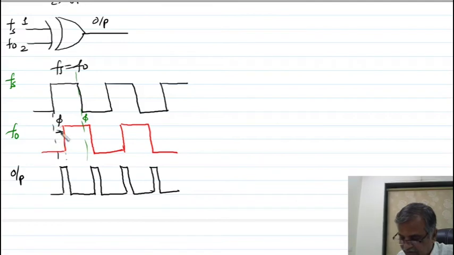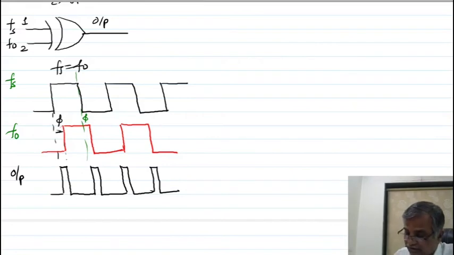So during this time interval, Fs is high, Fo is low, so the output is high, because for an exclusive OR gate, when both the inputs are at different levels, the output is high. So with this, I can draw the output waveform as shown in the figure.